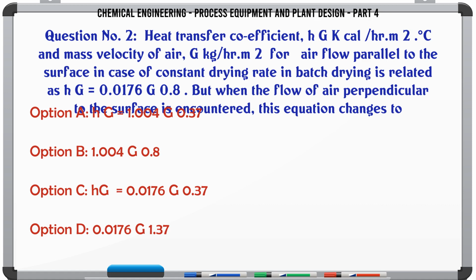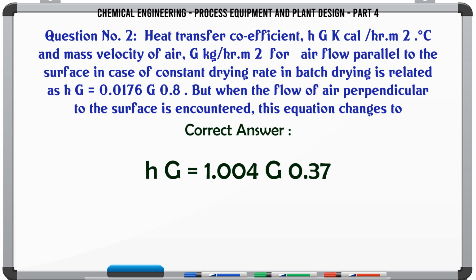But when the flow of air perpendicular to the surface is encountered, this equation changes to: A) hG = 1.004 G^0.37, B) hG = 1.004 G^0.8, C) hG = 0.0176 G^0.37, D) hG = 0.0176 G^1.37. The correct answer is hG = 1.004 G^0.37.